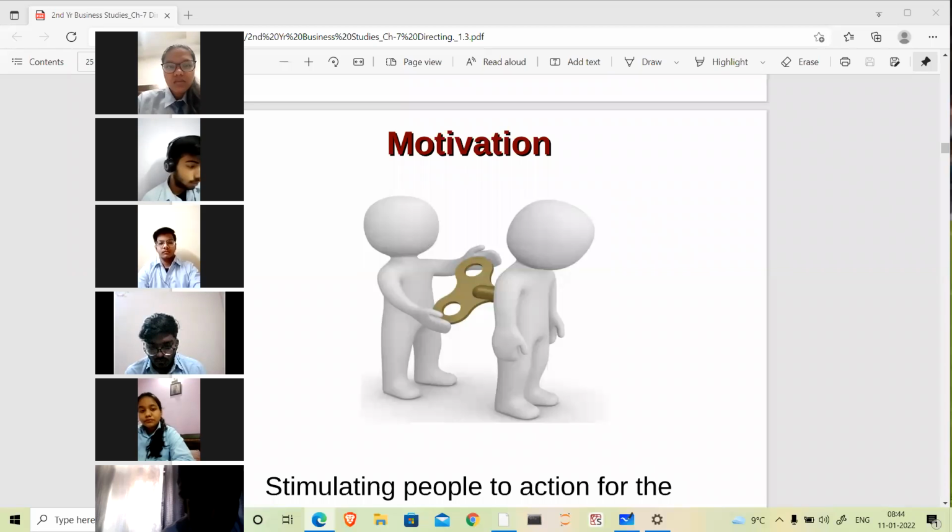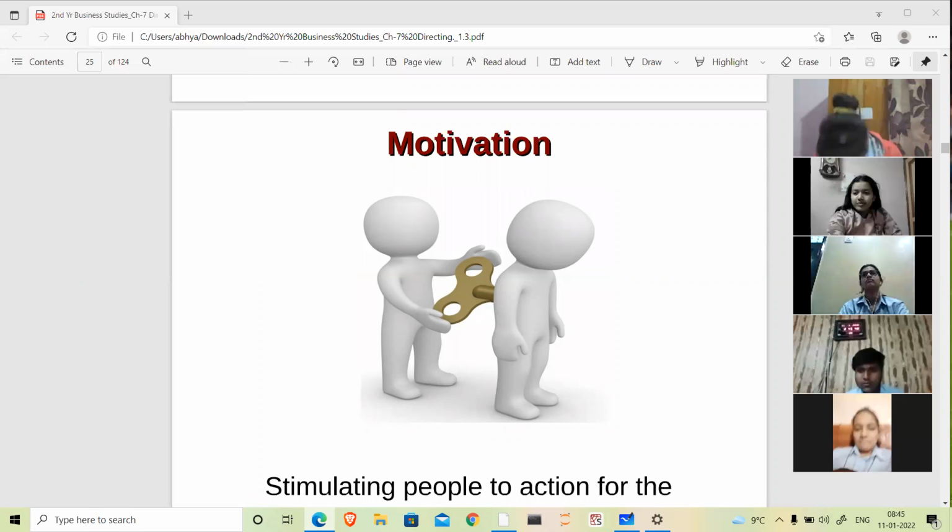All these are synonyms for motivation which you can use. So what is the need of motivation? Why are we studying it here? Because a manager has to get the work done from the employees, and it's very difficult to get the work done from others. So apart from the regular salaries and wages, they also need something extra.